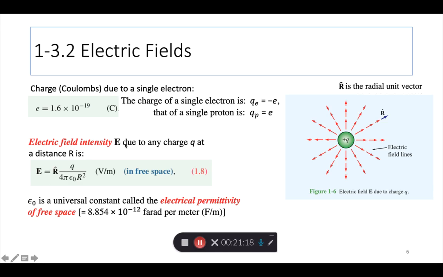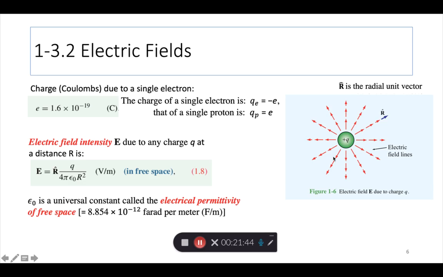Now the electric field intensity, E, due to any charge Q at a distance r is given by this formula. This figure is actually trying to tell you what this formula is all about. So if you have a charge Q, we know that electric field, these lines are also actually called flux.